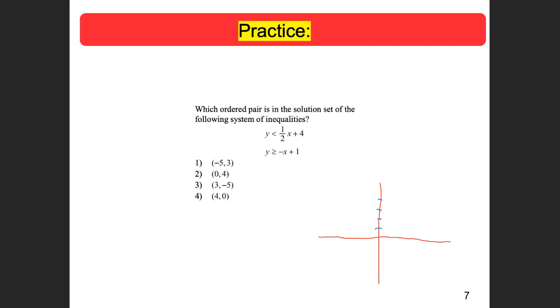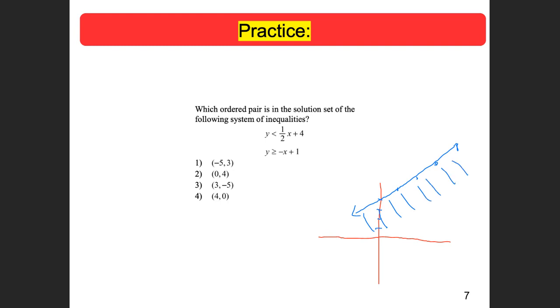I'm going to go up 1 over 2, up 1 over 2, up 1 over 2. It's going to look something like this. It should be a dashed line though, shouldn't it? And it's less than, so it's going to be everything shaded below. Okay, so there's my first graph.